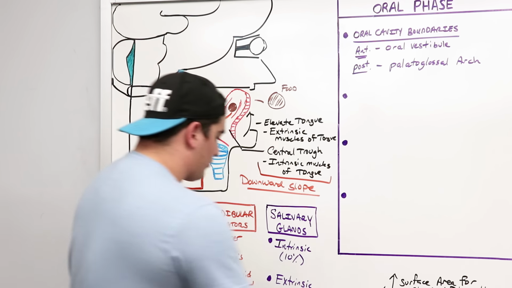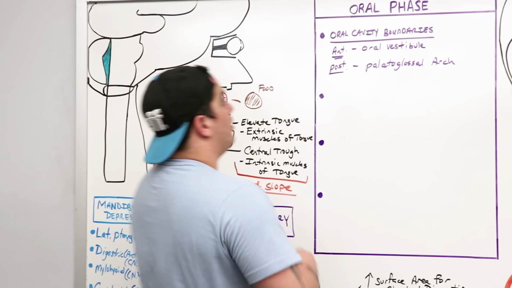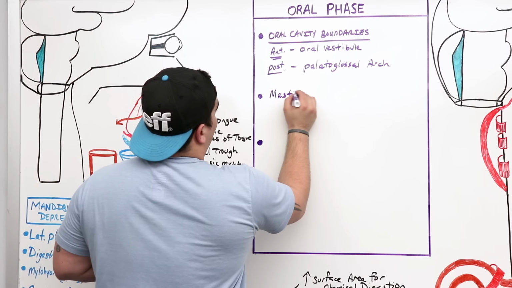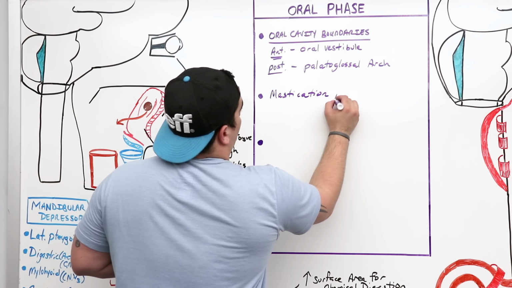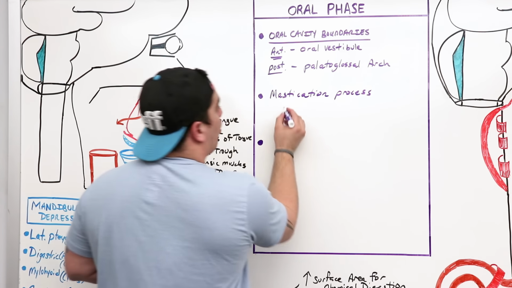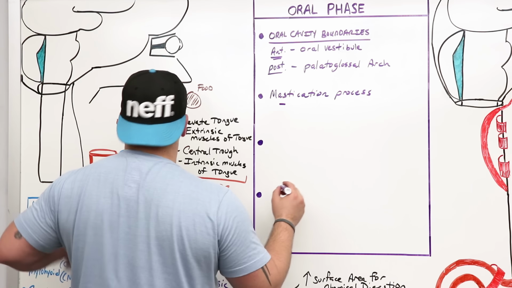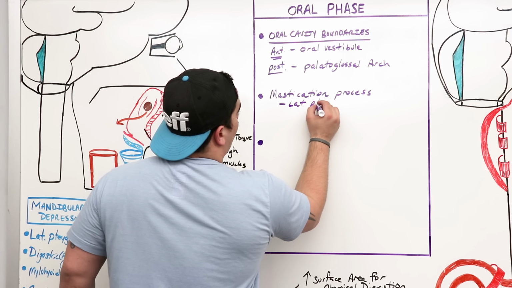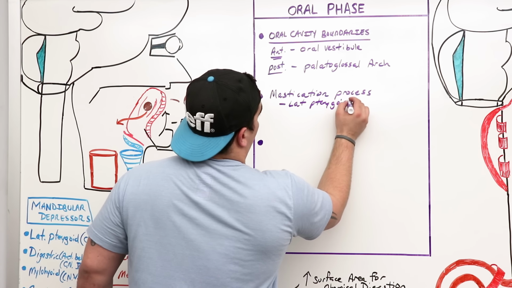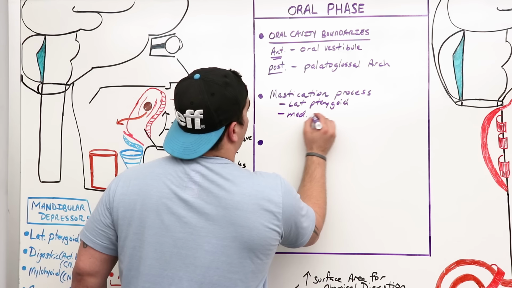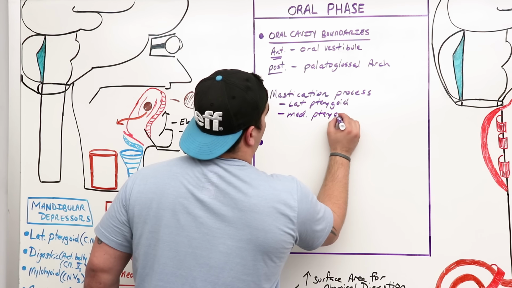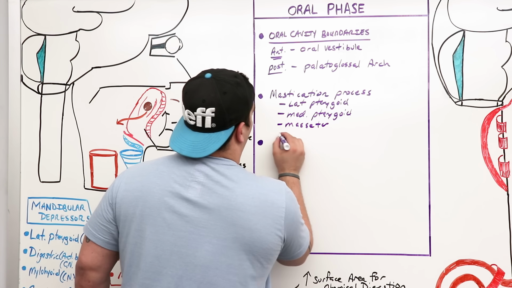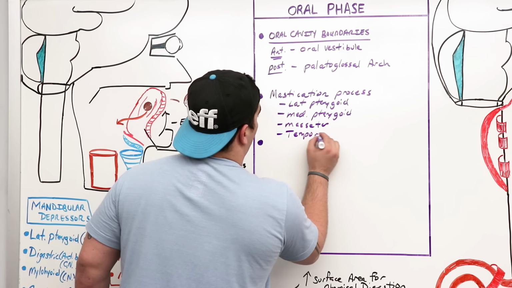So now, oral phase, we had the boundaries. Next thing is we have to have the mastication process. Okay, and remember, there's 4 muscles of mastication. We mentioned a lot over here, but the main ones that are involved: lateral pterygoid, medial pterygoid, masseter, and temporalis.